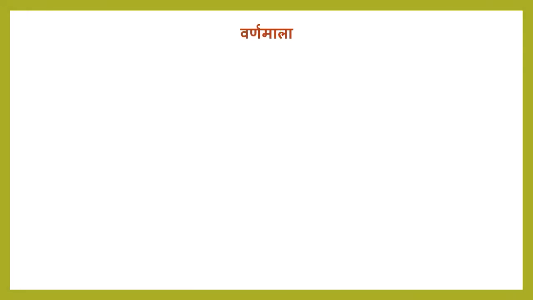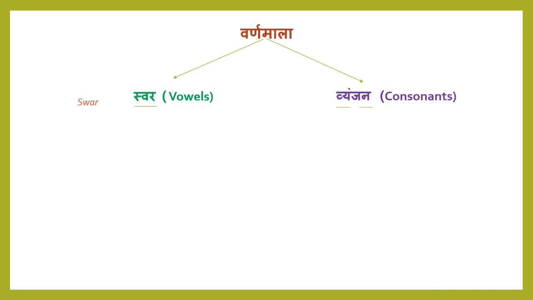Varnamala. Now, what does Varnamala consist of? The first part is Swar, vowels. It's S-W-A-R, Swar. The second part is Vyanjan, consonants. Then moving ahead, there is another part which is the Sanyukt Vyanjan or the combined consonants.